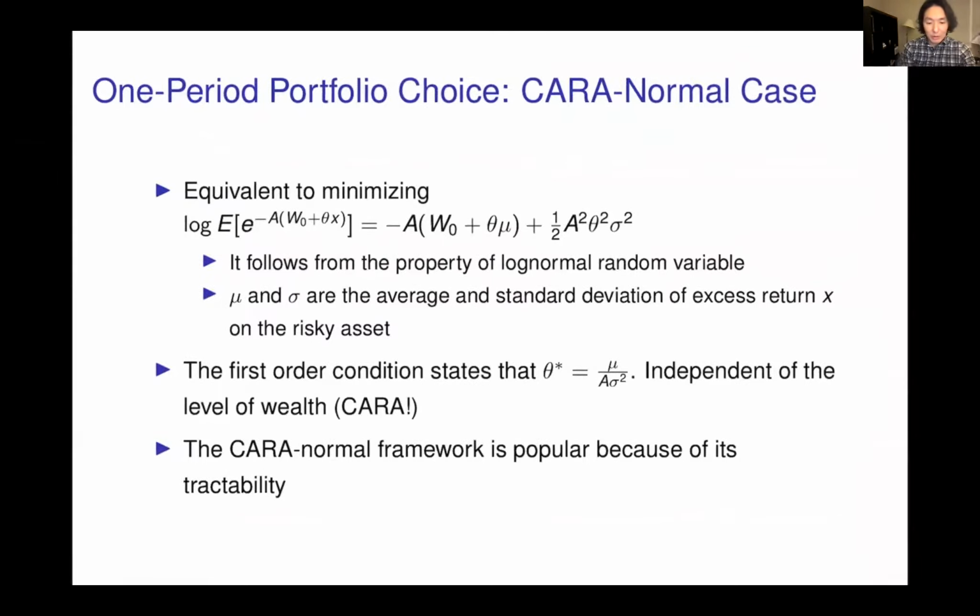Well, the first thing you need to know is again it is basically the same trick that I used. In other words, it follows from the very important property of log normal random variable that we learned many times. We have repeated over and over, where mu and sigma are the average and standard deviation of excess return x on the risky asset. 이 앞에 슬라이드에서는 I used m instead of mu, but they should be the same thing.